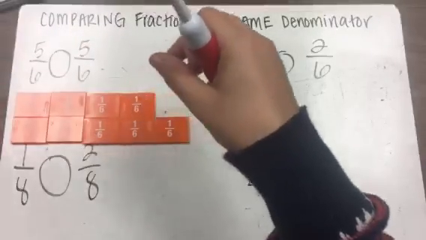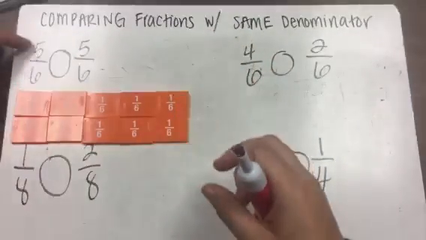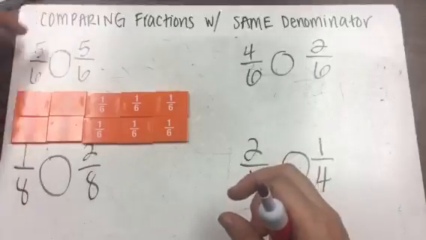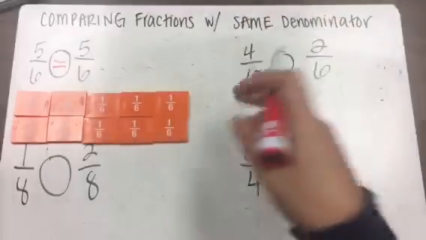And what do you know? They are exactly the same, because the numerator is the same as the numerator and the denominator is the same as the denominator. So I would put an equal sign, okay?